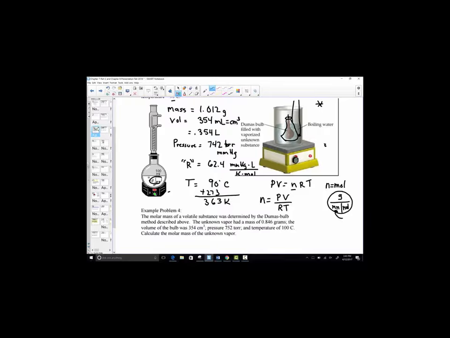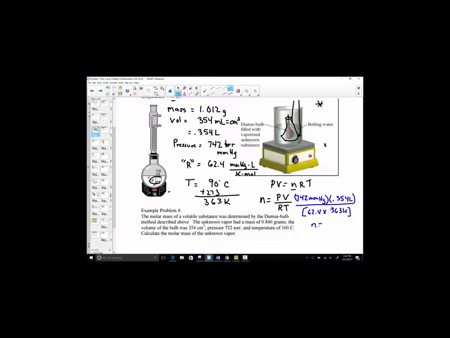Let's go ahead and work this problem just by subbing in those values. The first variable, pressure, was given to us as 742 millimeters mercury. And the volume we converted to liters as 0.354 liters. Set over the product of the R constant, 62.4, and the Kelvin temperature of 363.